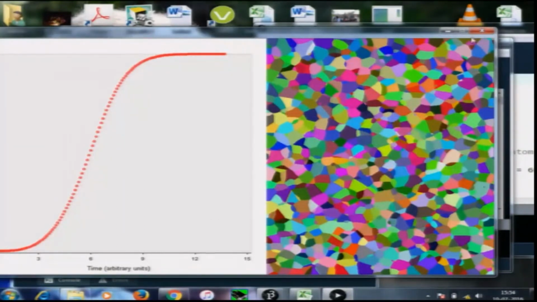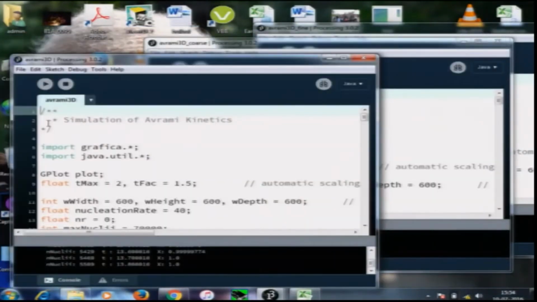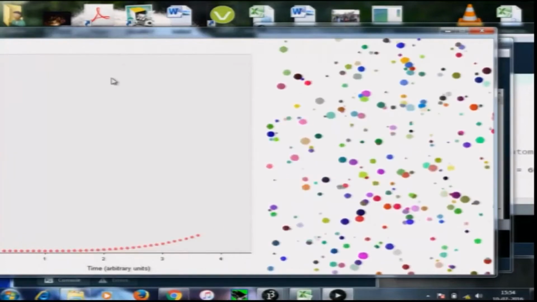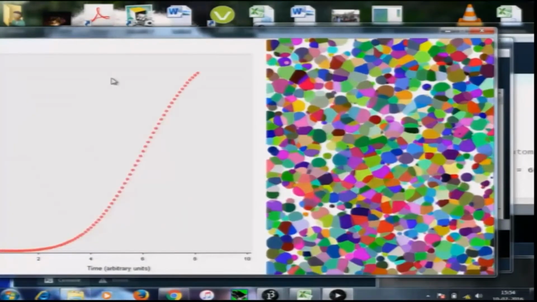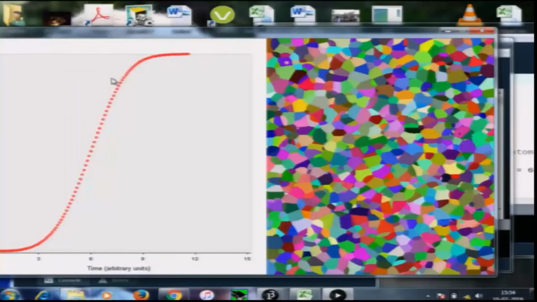Let me just show you this simulation once more. On the right hand side, you will see nuclei forming and growing, and this actually is being done in 3 dimensions, but you are looking at a 2-dimensional section through the structure.